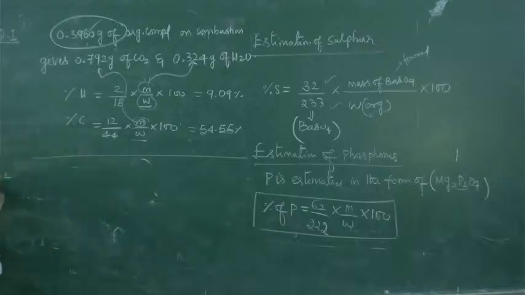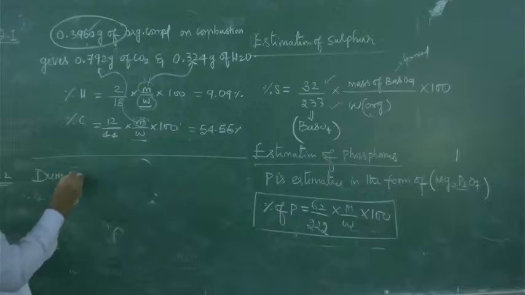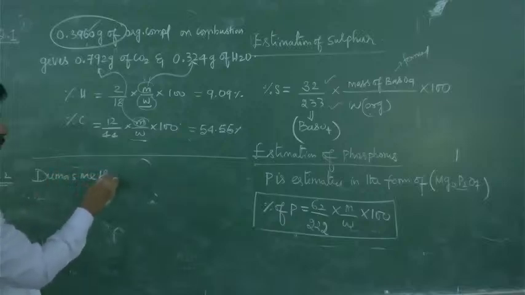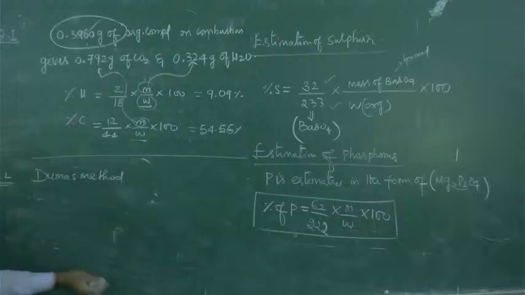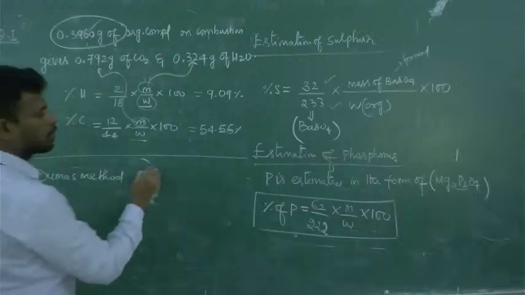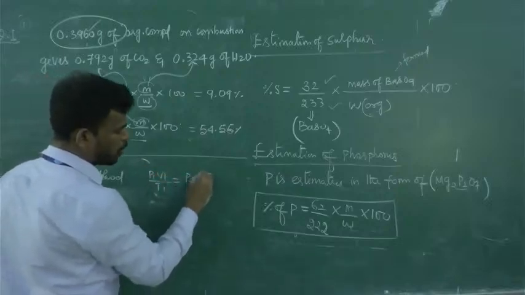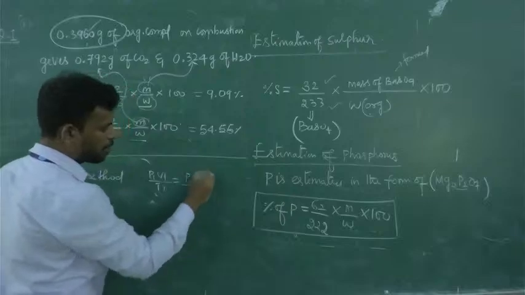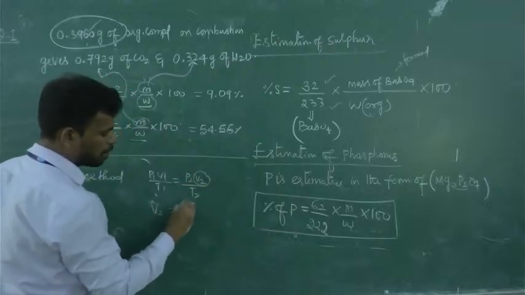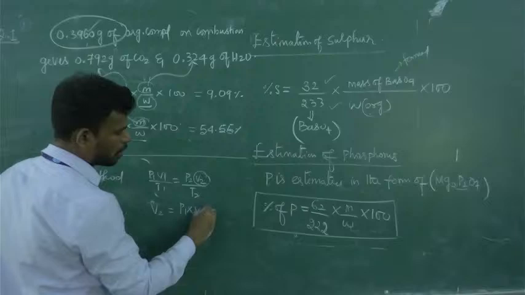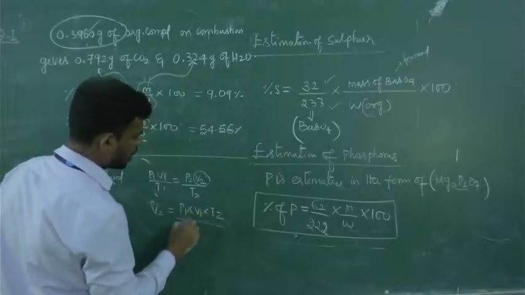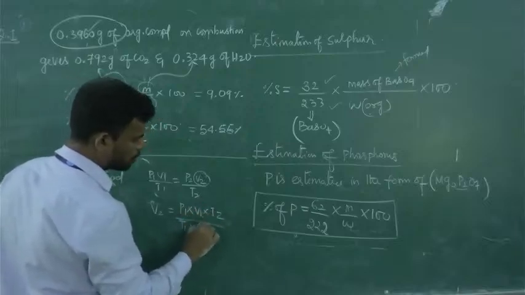Next problem. This is the Dumas method. What is the formula for the Dumas method? P1V1/T1 is equal to P2V2/T2. What do we calculate here? V2. The formula is V2 equals P1V1 into T2 divided by T1 into P2.